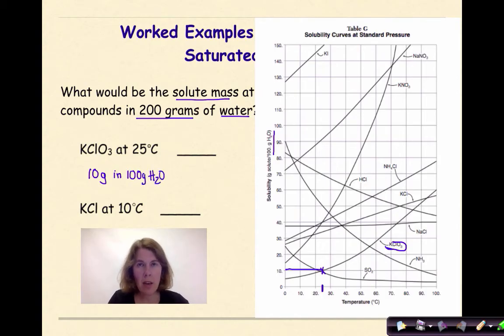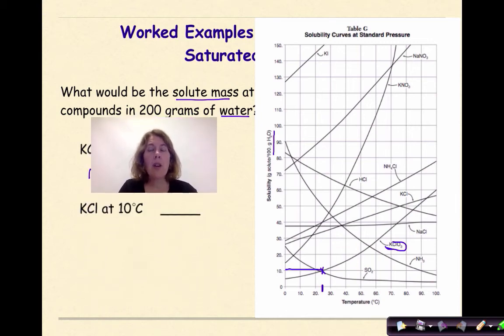But we're not in 100 grams of water. Instead, we're in 200 grams of water, which means we need to double the amount of solute. So instead of 10 grams, in this situation, we're going to have 20 grams.